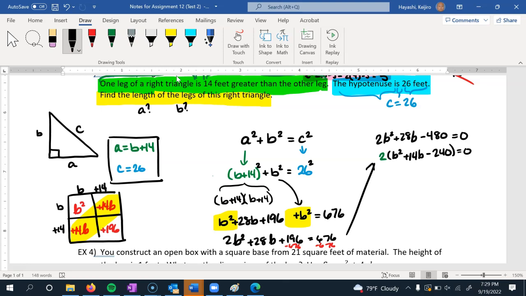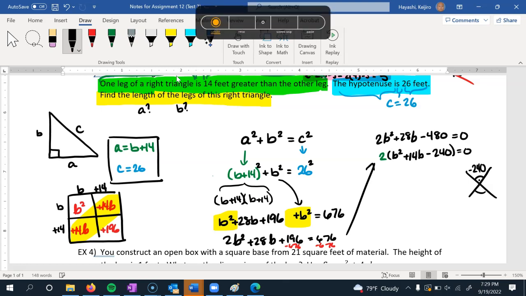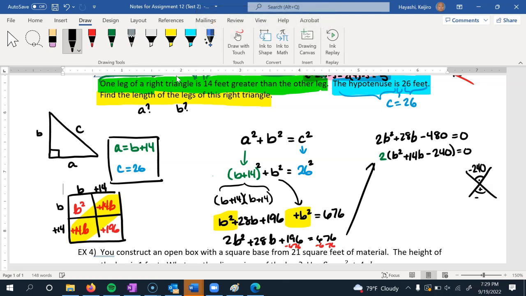This actually isn't as difficult as it may seem. What are two numbers that multiply to negative 240 that add up to positive 14?